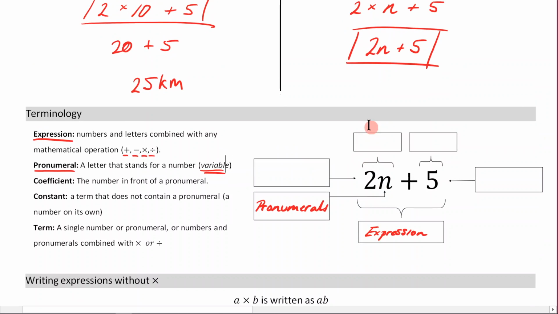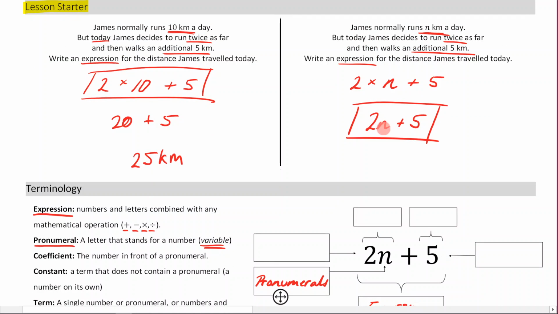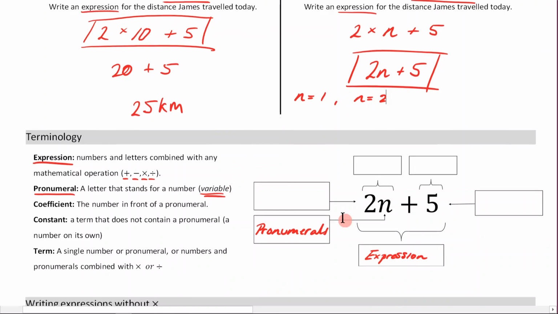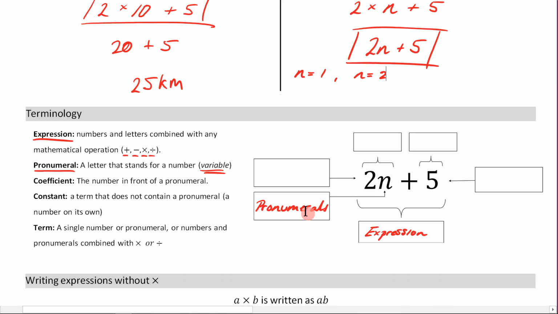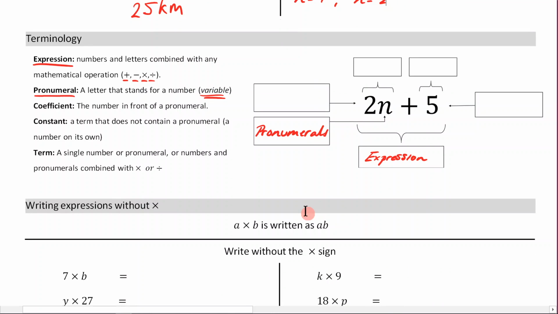As we saw up here, I could let n equal a number of things. I could let n equal 1, I could let n equal 2, and when I do that, it changes the output of my expression. So that's why we call it a variable, because the pronumeral could represent any number. It varies.